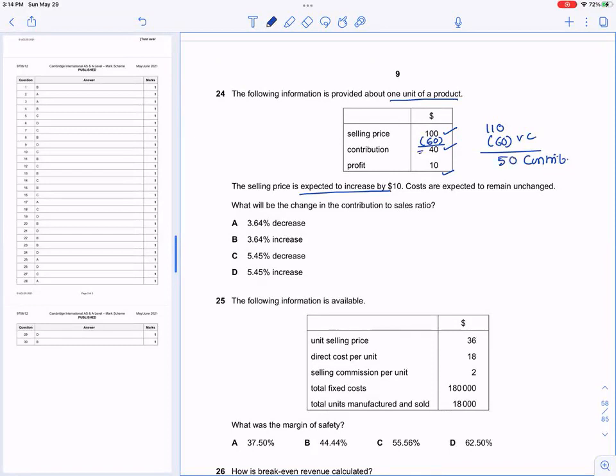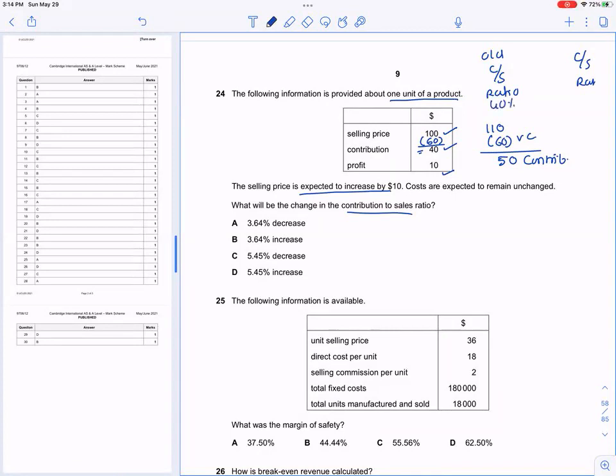What will be the change in the contribution to sales ratio? Find the old contribution to sales ratio. Find the new contribution to sales ratio. Old contribution to sales ratio will be 40 divided by 100. Okay, it will be 40%.